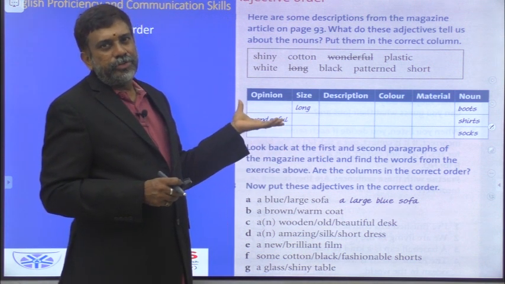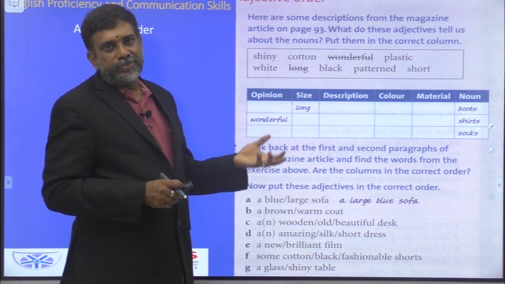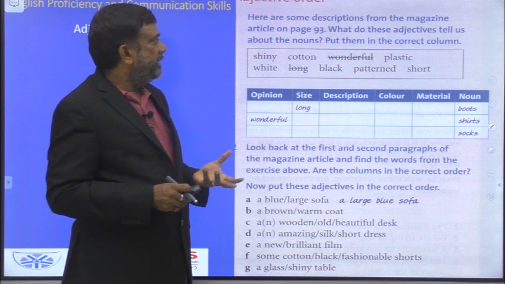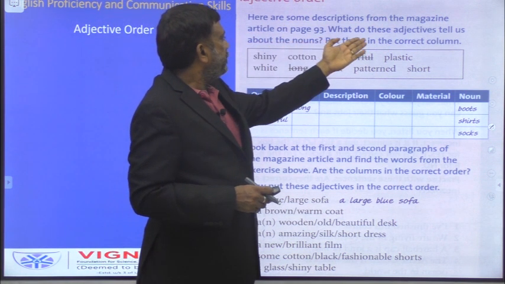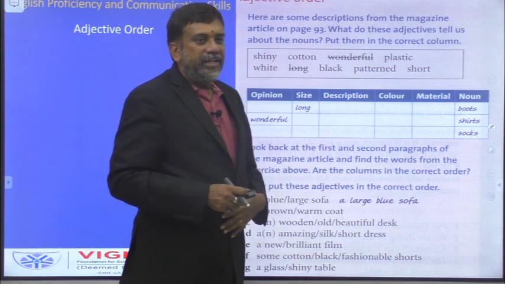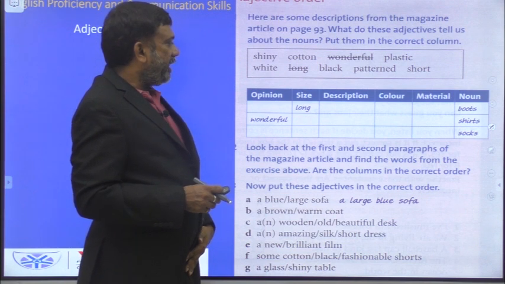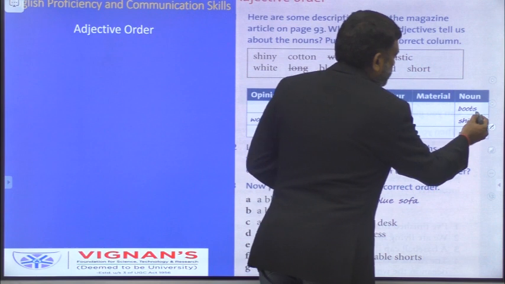So if I want to use more than one adjective, it is called the use of a cluster of adjectives. Here, the descriptions of the magazine article: what do these adjectives tell us about the nouns? Put them in the correct column. Here, what is the important thing that we have to have here? Yeah, we discussed the boots.